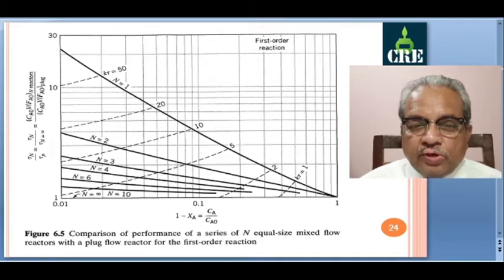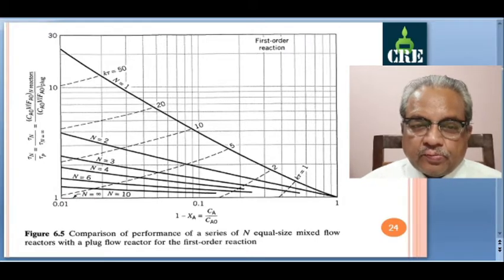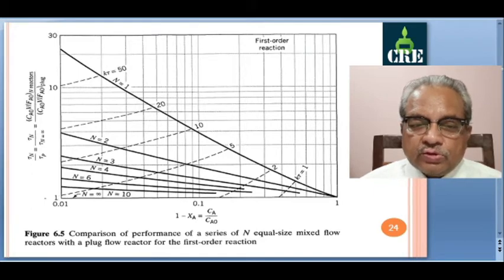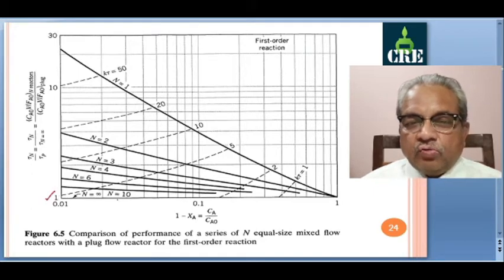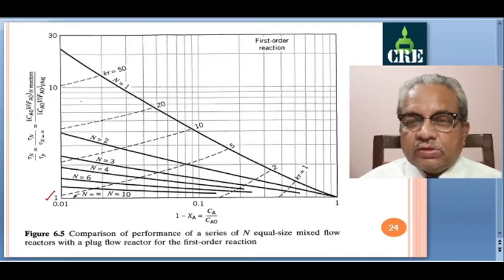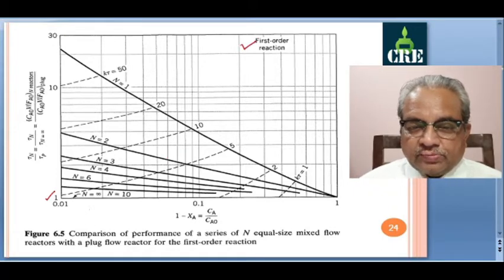N is equal to 2, n is equal to 3, n is equal to 4 and so on, and finally n tending to infinity, this will coincide with this line. That means this ratio is 1. This is equal to this. Ratio is 1. So here it will coincide. So as this increases, this is the result for first order case.